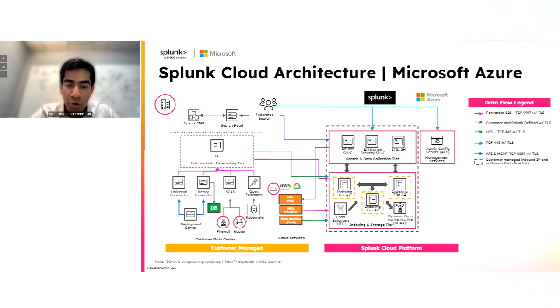The other point that I wanted to call out is that within the search tier, you'll see that both for ad hoc and for enterprise security, it says search heads/search head clusters. So one of the things that we're supporting out of the box on Azure is that depending on your scale, we are able to provision either search heads or search head clusters.